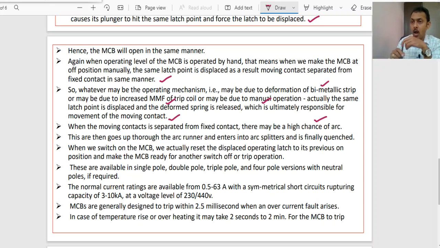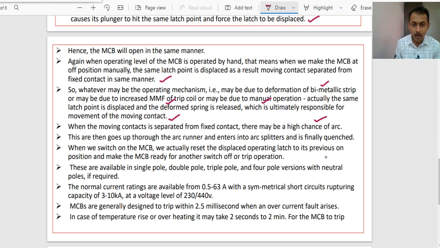That is also to be taken care of by the circuit breaker. Whereas in a fuse, while discussing the fuse element, there is a powder element which extinguishes the arc.